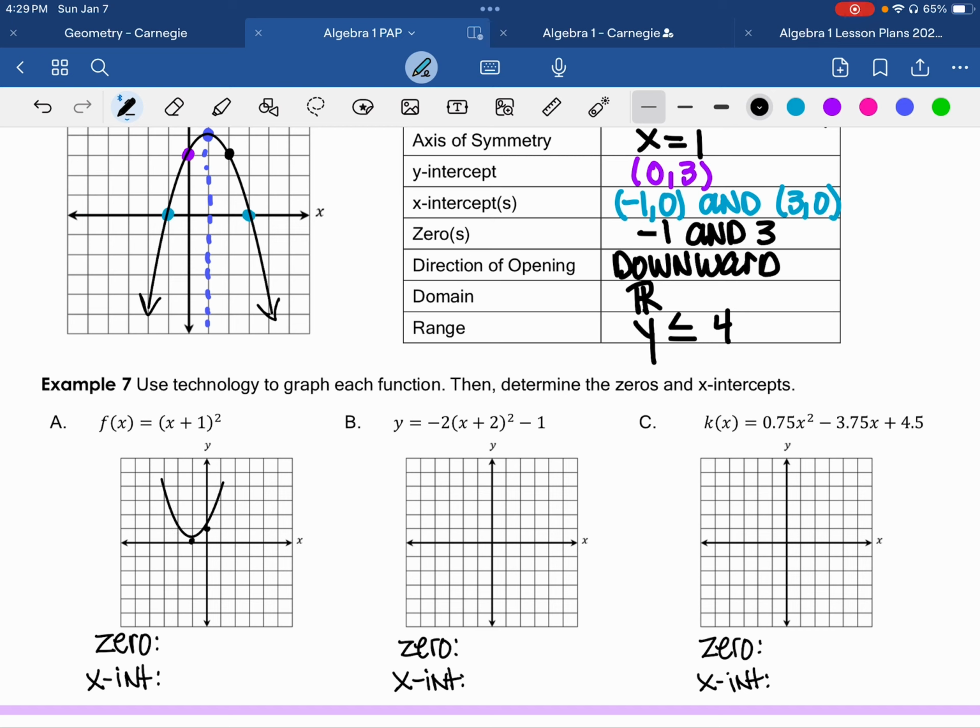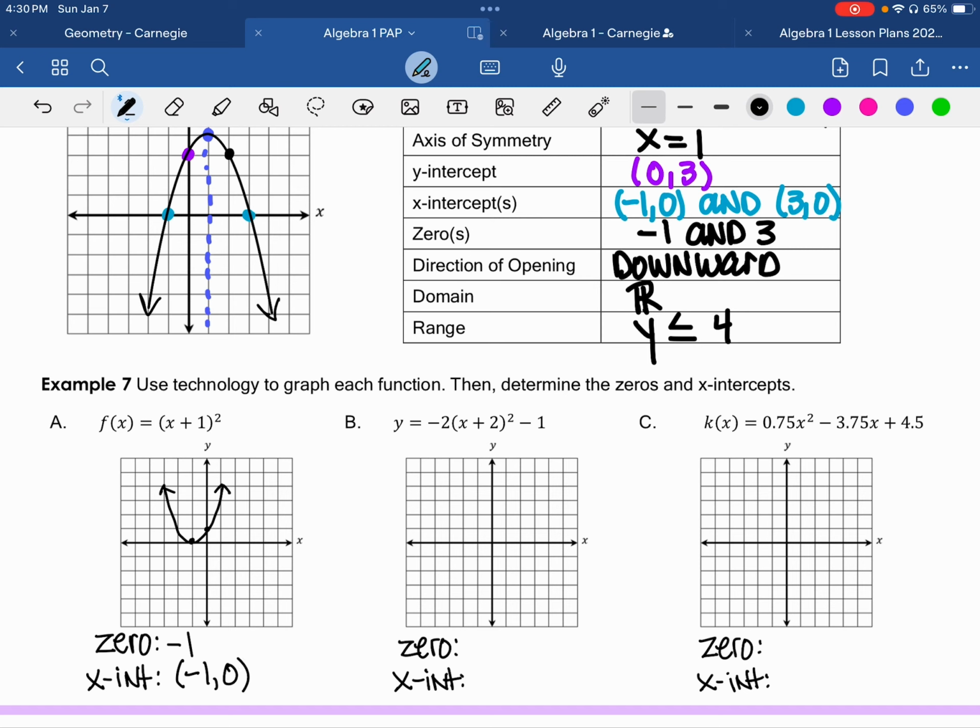I'm just going to draw a sketch right now, nothing too major, because remember, we're using our calculator. Our zero was at -1. We only had 1 this time because it just touched the x-intercept there. So we only had the 1 x-intercept at -1, 0.